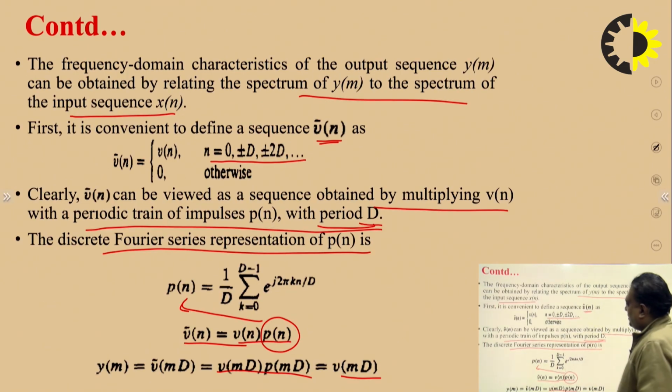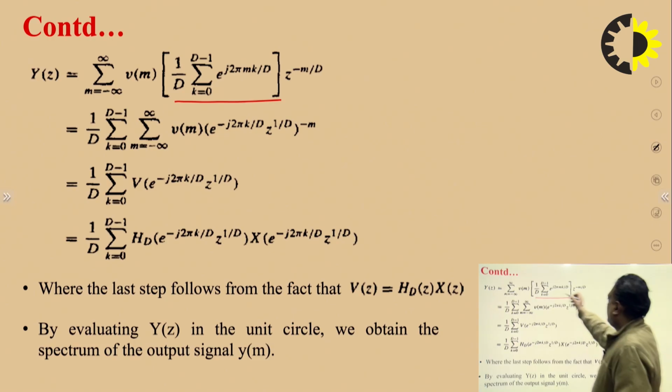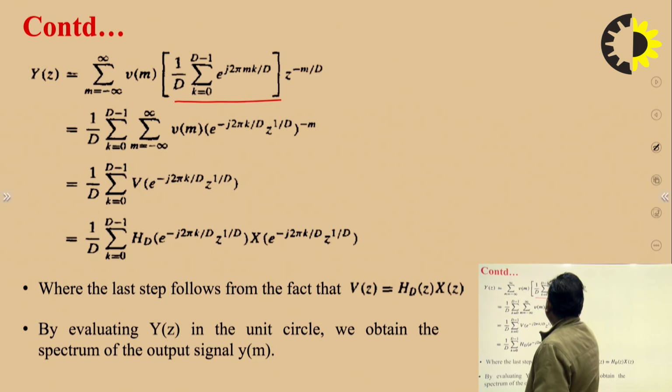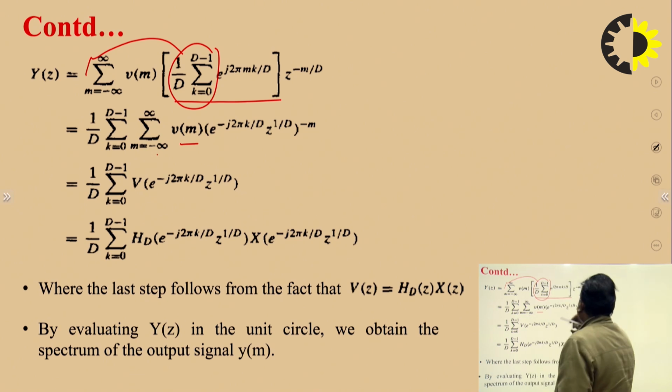So p(m) is 1 by d, summation k equals 0 to d minus 1, e to the power j 2 pi km by d. Now 1 by d and the summation over k you can take outside, and then it becomes v(m) into this expression.